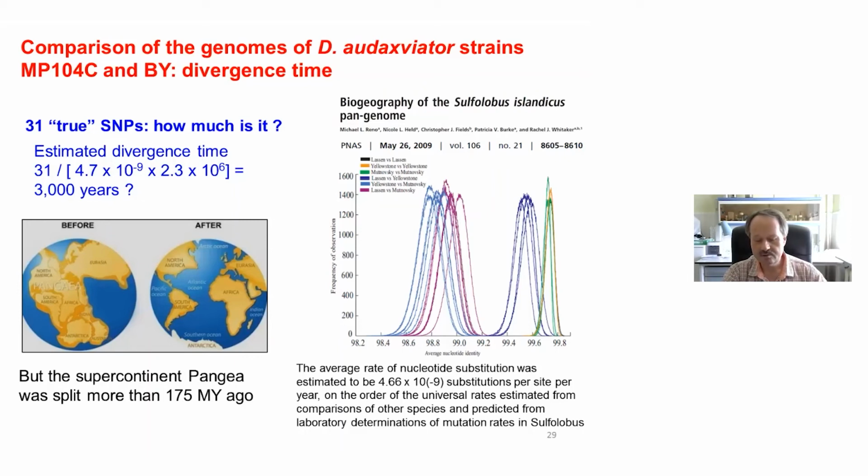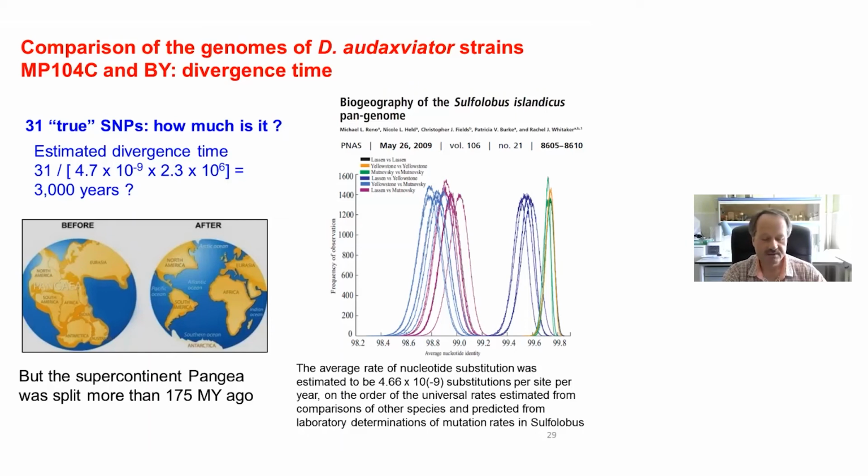It appeared to be about 4.6 times 10 to the minus 9, something around the universal rates estimated from comparisons of other species and predicted from laboratory determinations of mutation rate in Sulfolobus.